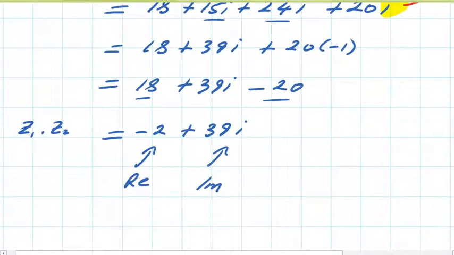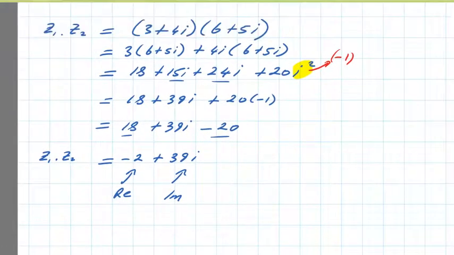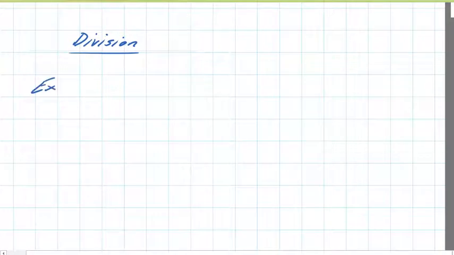So you could go off again then if you like and plot that on an Argand diagram. And that's multiplication done. So we're on to the last one, which is division. Now again, an example.